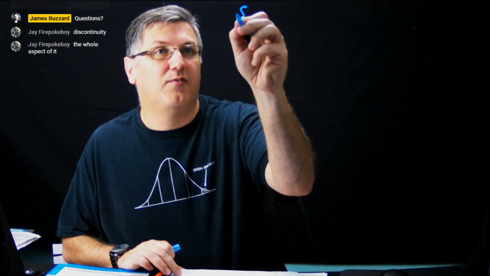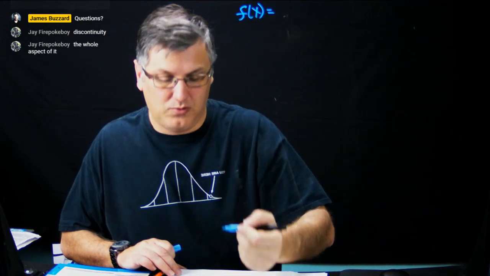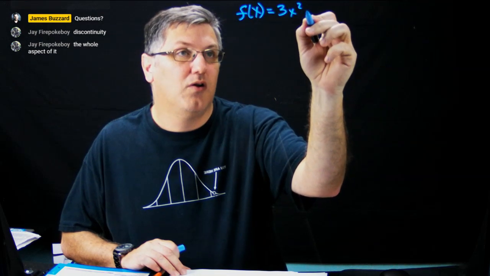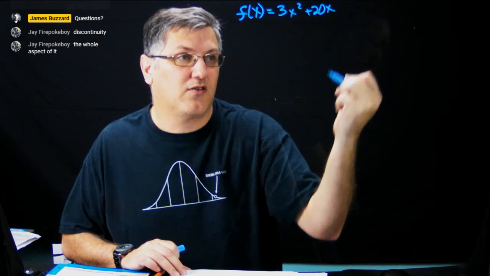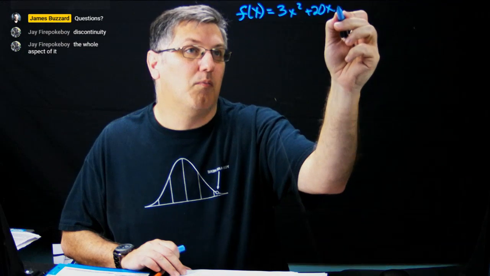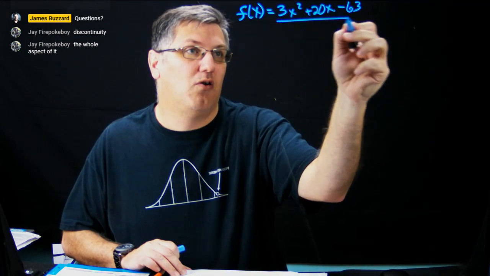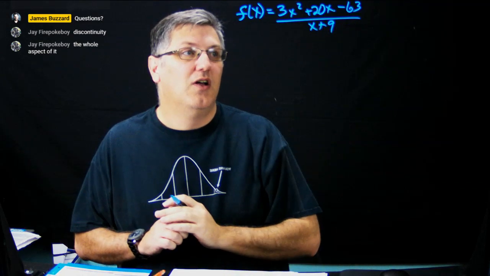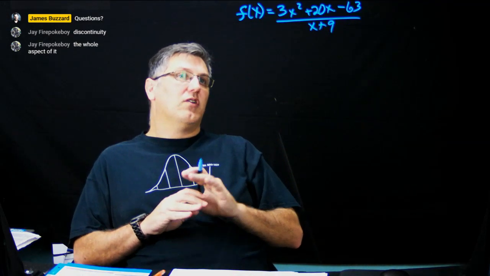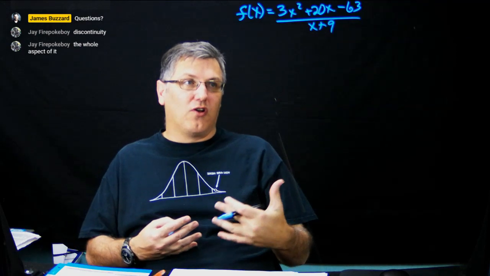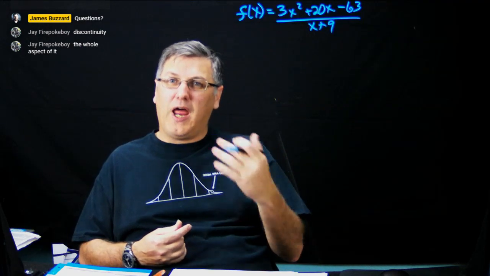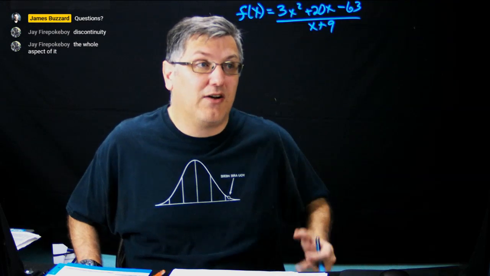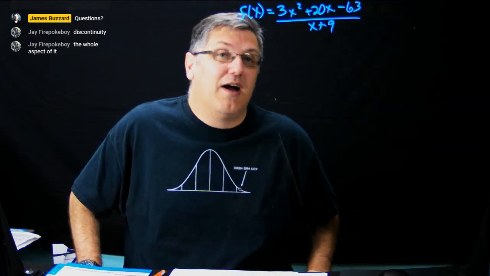So we have f of x equals 3x squared plus 20x minus 63 all over x plus 9. Okay, so let's just factor this first, and then I'll start talking about discontinuity and what it actually is and how we can actually find it. Then we'll graph this, and it may actually help you out to see the graph.